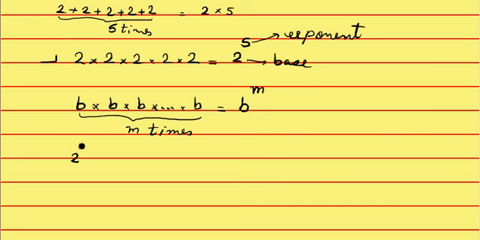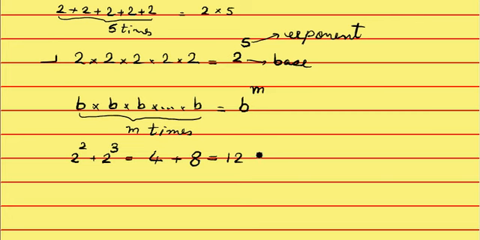Suppose you have, say, 2 squared plus 2 cubed. How would you perform that? Well, 2 squared, by this definition, is 2 times 2, that is 4. 2 cubed is 8, and then you add them, and the answer is 12. That is not very eventful here. It's just basic addition.